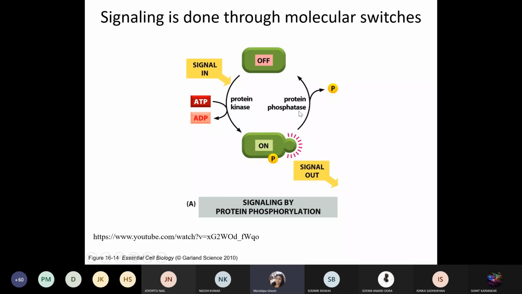Whenever the signal is out, there is no need to invest ATP. Unnecessarily the body won't invest any energy. When the signal is out, the phosphate is released, and as the phosphate is released, the activation is off. So to get it from off to on, you have to invest one phosphate group, and this phosphate is delivered by adenosine triphosphate.